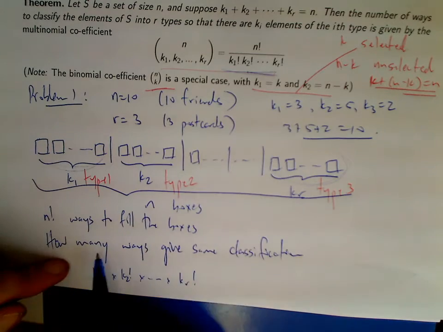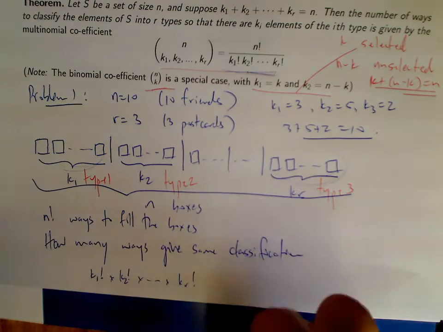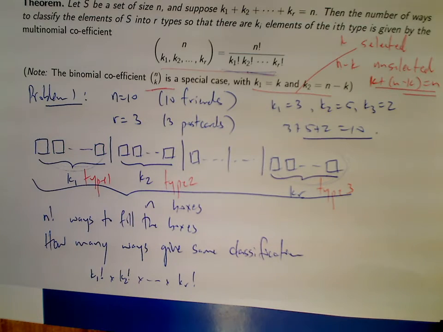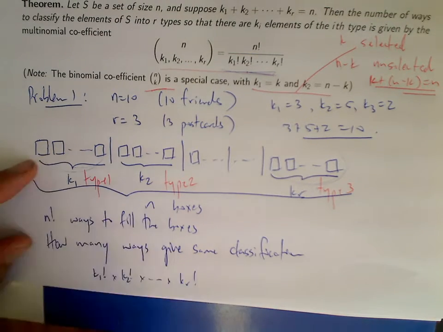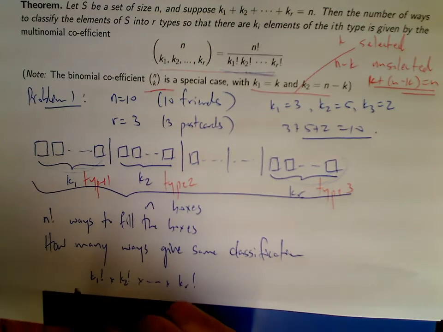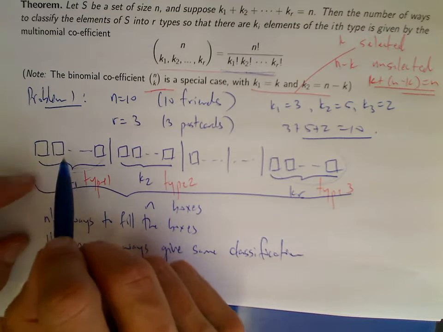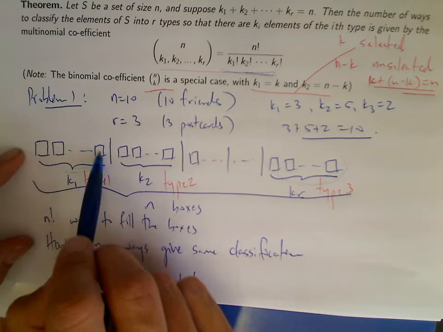So in order to get the same choice of classification, I want to count the number of orders that give me that same outcome. It's a multiplication principle again. We've got R choices, and at the first step we've got k1 factorial ways in which we can fill in these boxes.